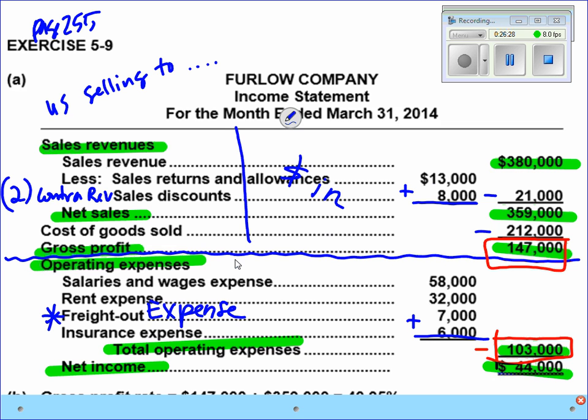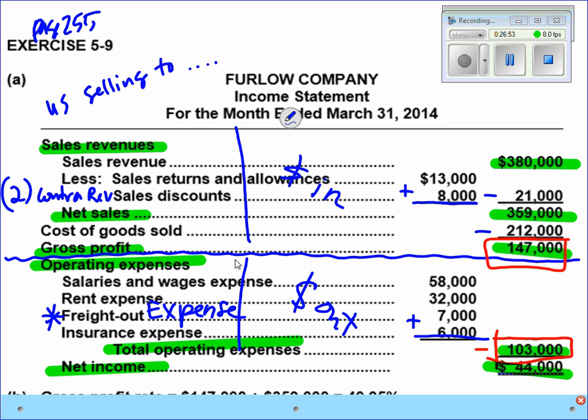The bottom part, I think, the money out is pretty easy, minus that new freight out expense. The top part, I think with some practice and some memorization, I think you'll be okay. There's definitely a difference between net profit and net sales and gross profit.